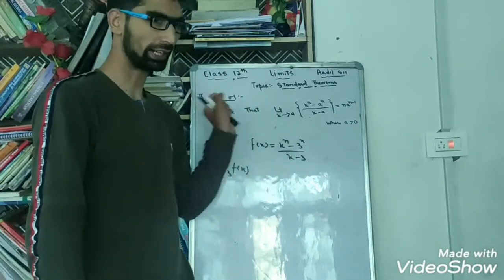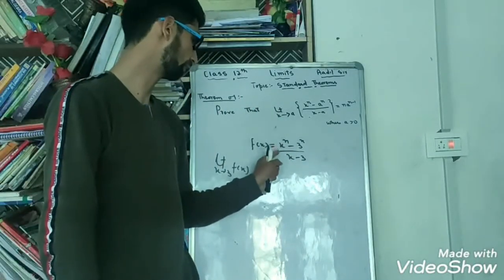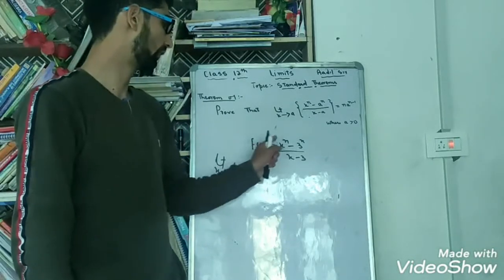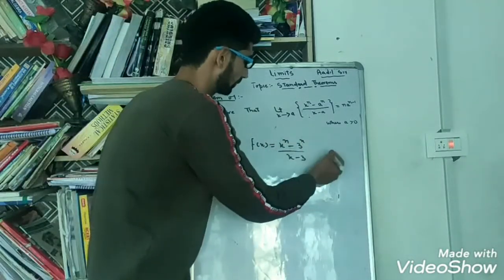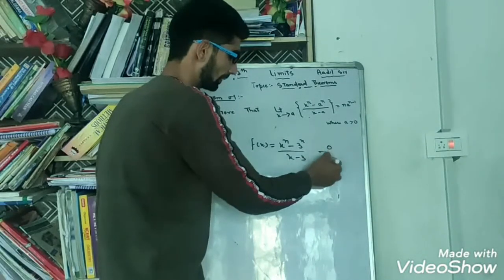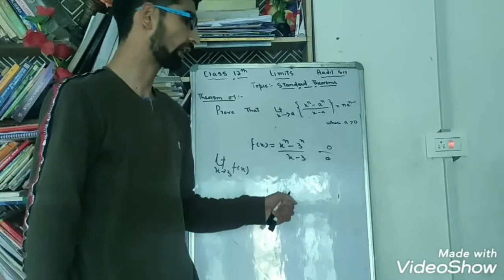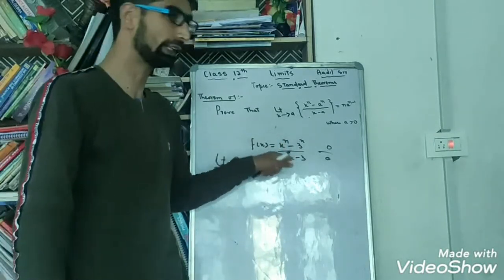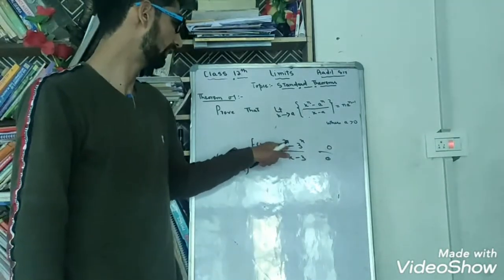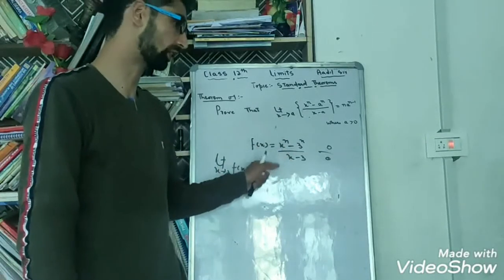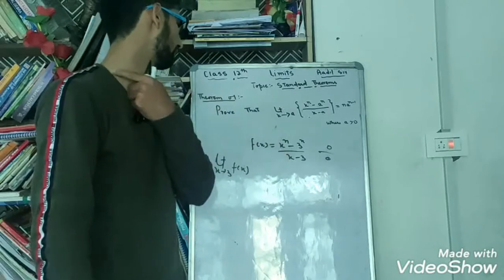The first method is the direct method, but when we put the value of x directly as 3, we get 3^n minus 3^n, that is 0, divided by 0, which is indeterminate. To solve the indeterminate form we have to factorize both numerator and denominator, but it is difficult to factorize here.